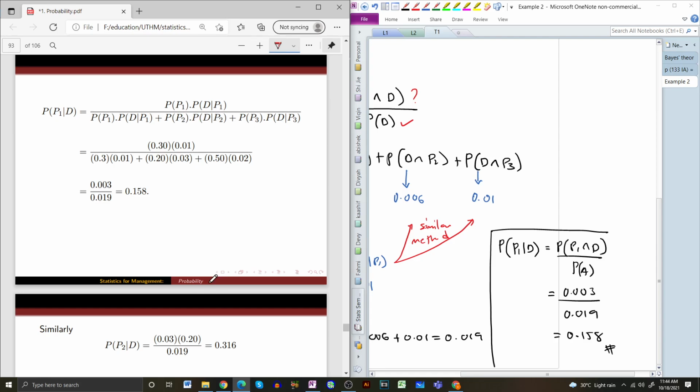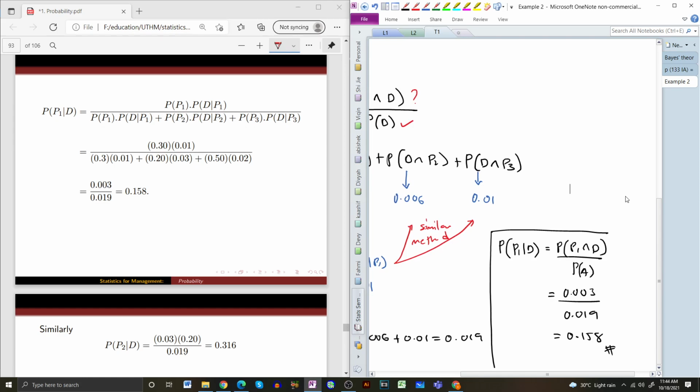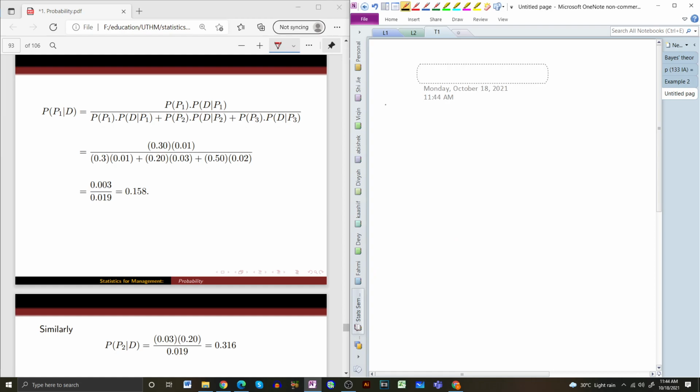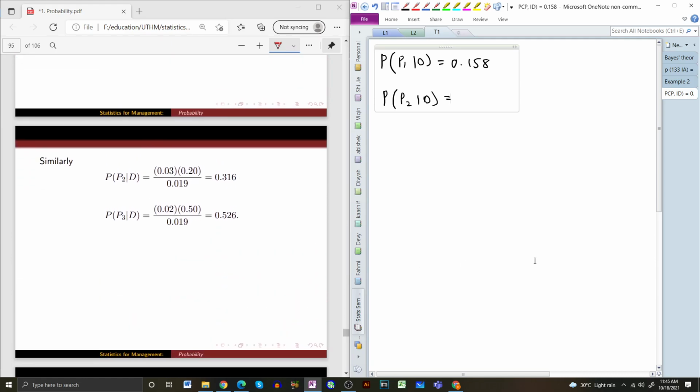Alright, so similarly if you notice here, for similar method, what we have done here, P1 given D is this one, and if you use the same method to find P2 and D, you may end up with these two.